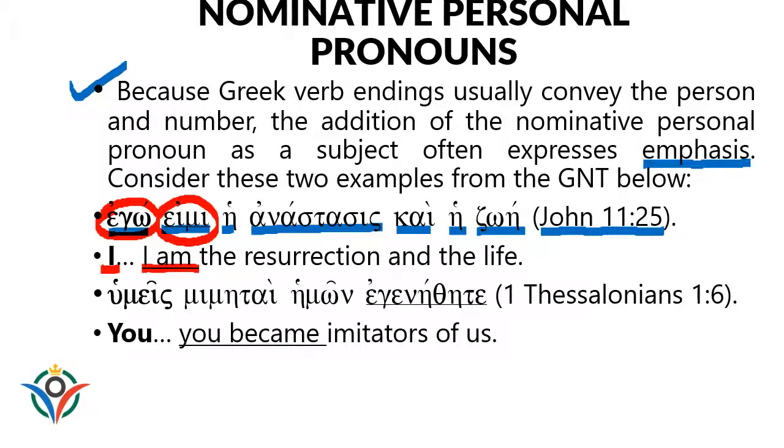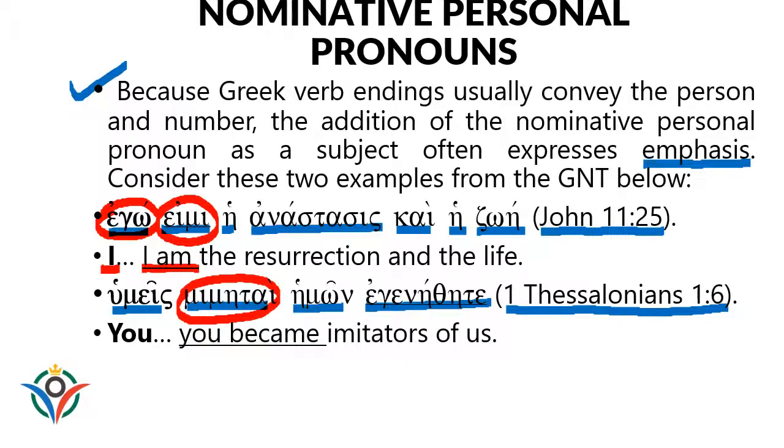And our second example comes from 1 Thessalonians chapter 1 verse 6, where the Greek reads humeis mimetai hemon egenethete. And once again, the verb egenethete contains the subject you, so we could translate this as you became imitators of us.